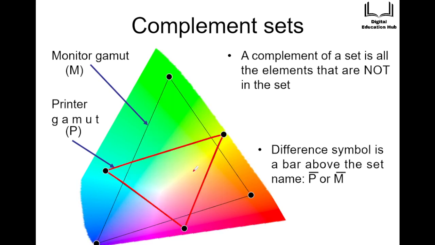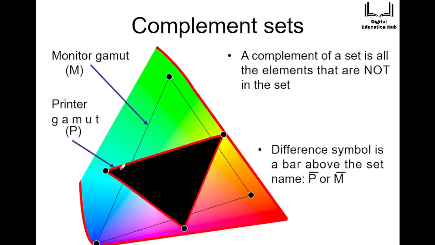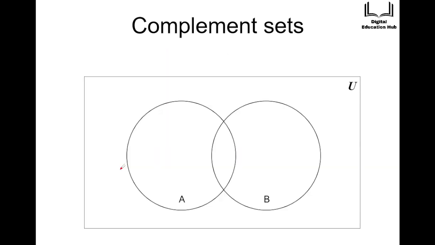For P bar, we can say except the region of P, considering every other element. Okay. So through a Venn diagram representation, A bar can be given as this one, considering every other element except the set A elements, and same for B bar also.